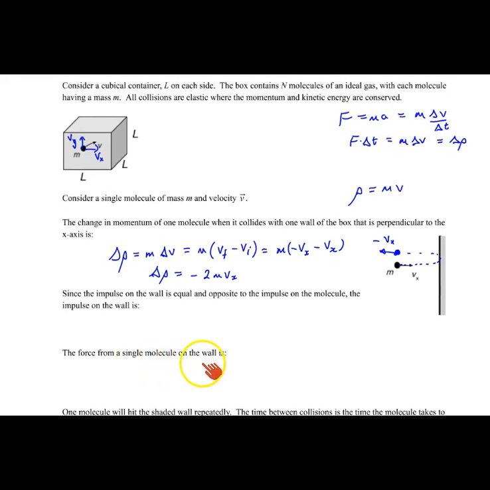So moving down in my notes over here, we're going to be calculating the force that the single molecule applies on the wall. Now over here I have calculated the change in momentum for the molecule. So I would like to find the change in momentum on the wall. And if you recall from Newton's third law, every action force has an equal and opposite reaction force. So just like that for momentum, every action momentum has an equal and opposite reaction momentum.